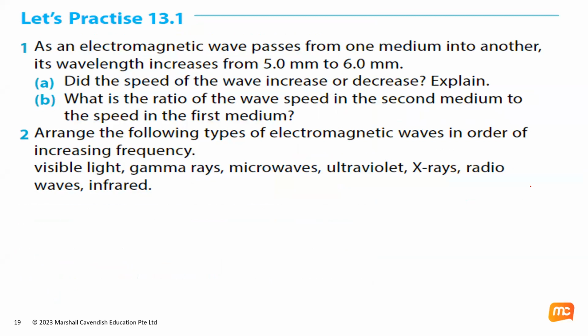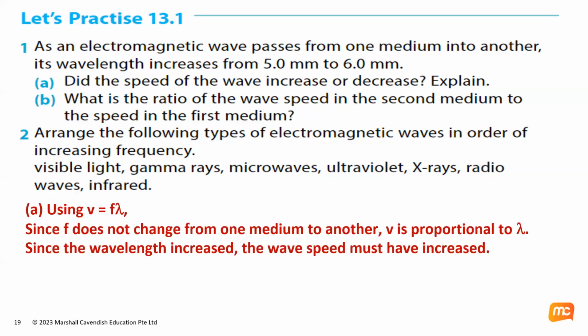Okay, let's go through. So you have a wave that travels from one medium into another medium, and the wavelength increases. Remember, when you move from one medium to another, the speed will change. It will either speed up or slow down. And when the speed changes, the wavelength also changes. So you need to use the formula v equals f lambda.